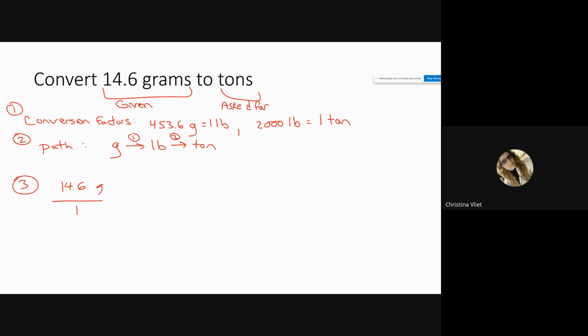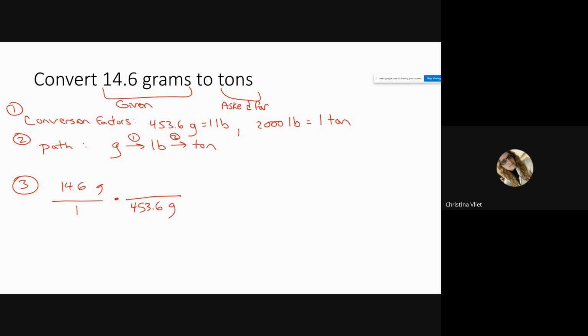Now what? Times, multiply by conversion factor 1. We need to get rid of grams, so 453.6 grams equals 1 pound. What do we put on the top? What do we put on the bottom? We put lb on the top, and we put the grams on the bottom. That's a really important thing to know.